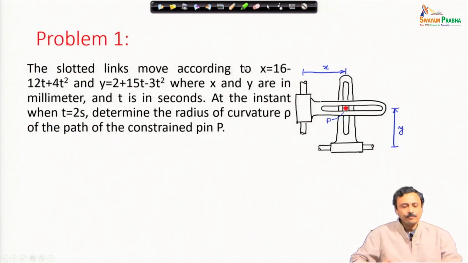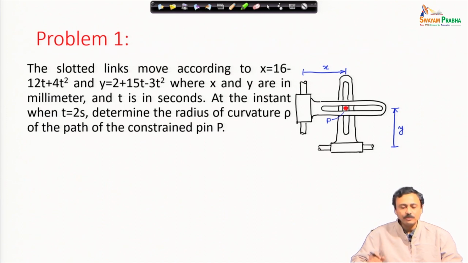So, this is an example. The slotted links move according to this expression of x and y, where x and y are in millimeter. So, I have two expressions. One is of the vertical slot moving horizontally, so its x location is given by 16 minus 12t plus 4t square, and there is a horizontal slot which is moving vertically.